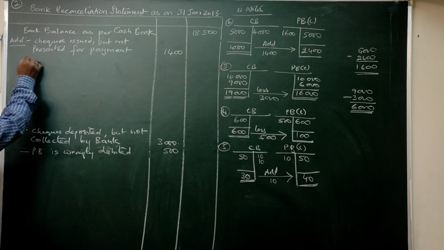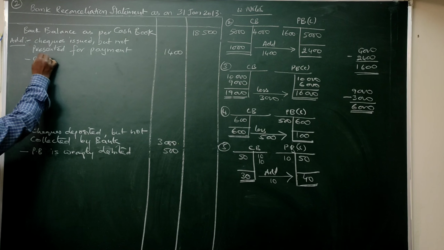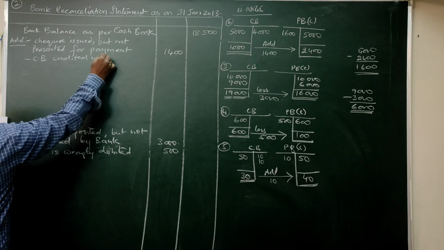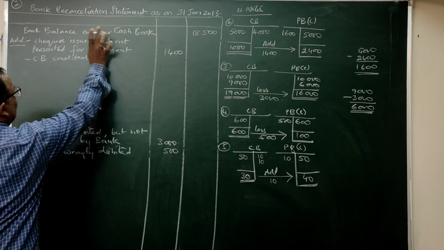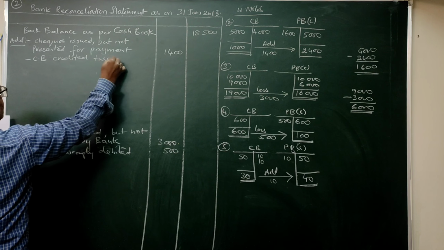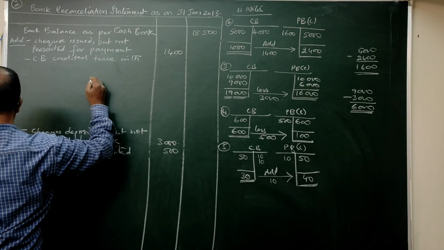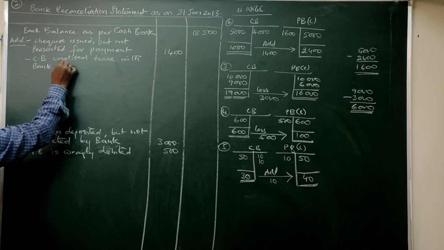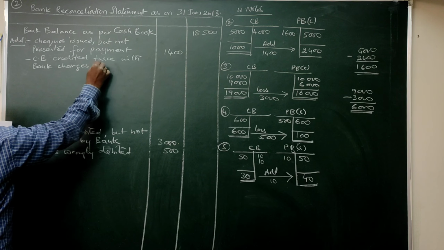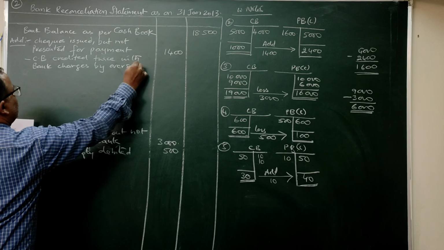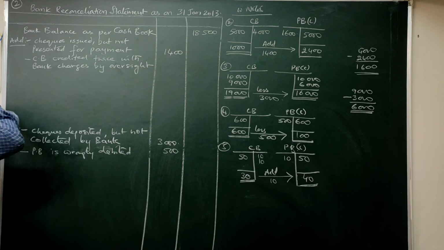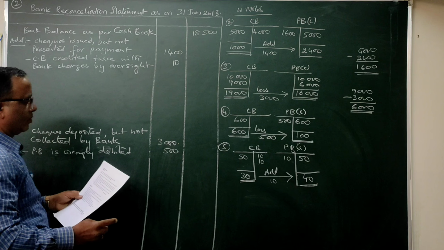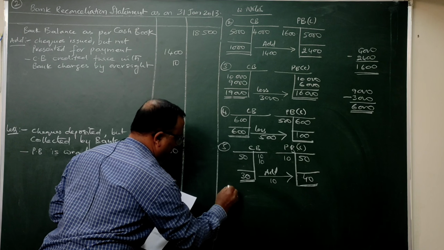So below add, cash book credited twice with bank charges by oversight. Now the sixth one, you see.